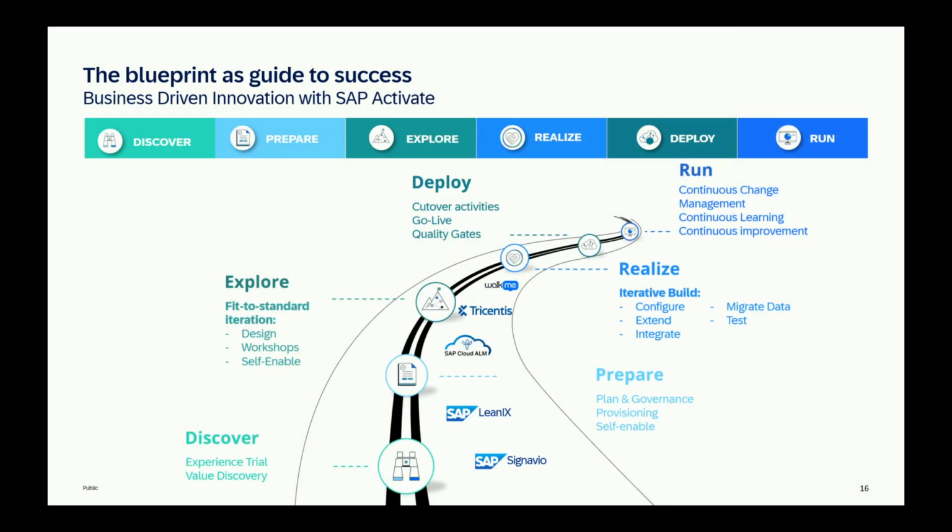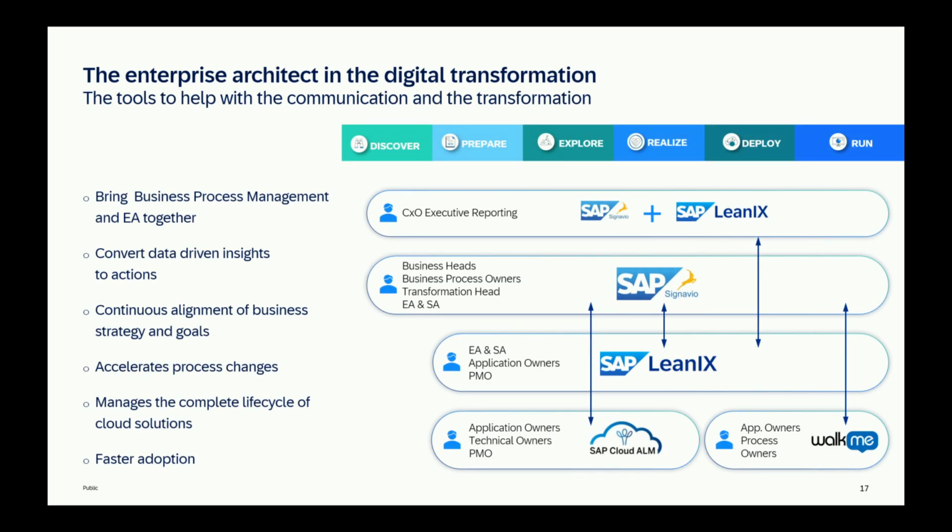Along the line, SAP Cloud ALM, Tricentis, and WalkMe. I'd like to focus a bit on WalkMe on the bottom right here, because WalkMe is all about people. With the speed of transformation also comes, well, the good quote is, companies don't evolve, people change.